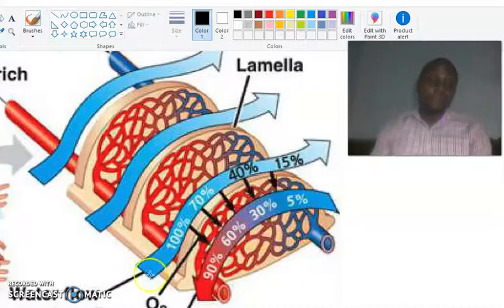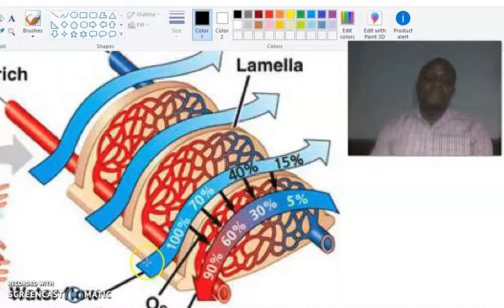Look keenly here. When the water comes into contact with the gill filament, it has 100% oxygen. On the other hand, when blood comes to the gill, it has a very low oxygen concentration.